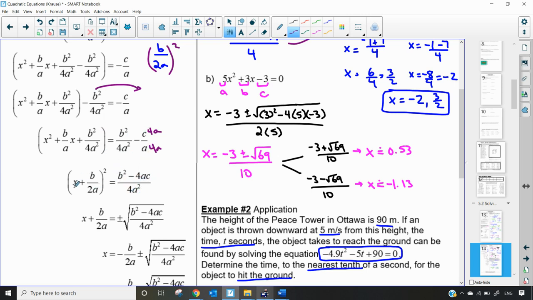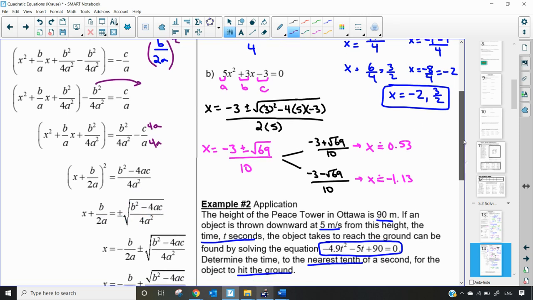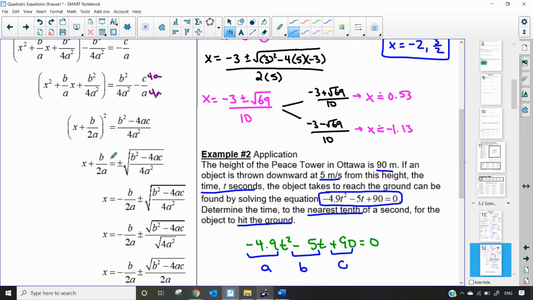And then we square root to get the left-hand side isolated, or so to get that inside piece isolated. Now, when we square root, we end up with plus or minus the square root of b squared minus 4ac all over 4a squared. So this you're probably starting to see come together a little nicer. And then we're going to bring over the b over 2a, because ultimately our goal is to isolate x.